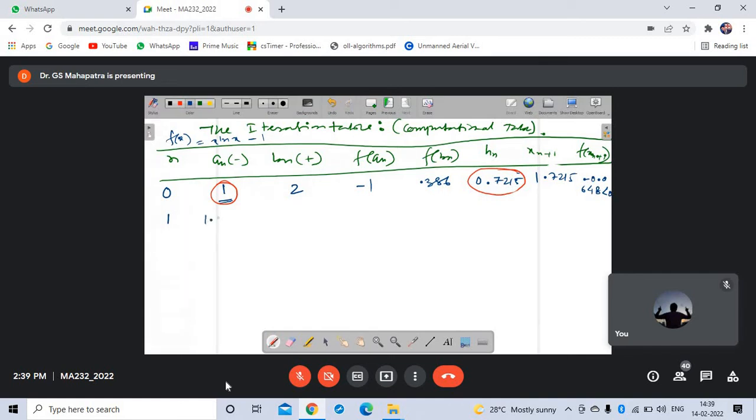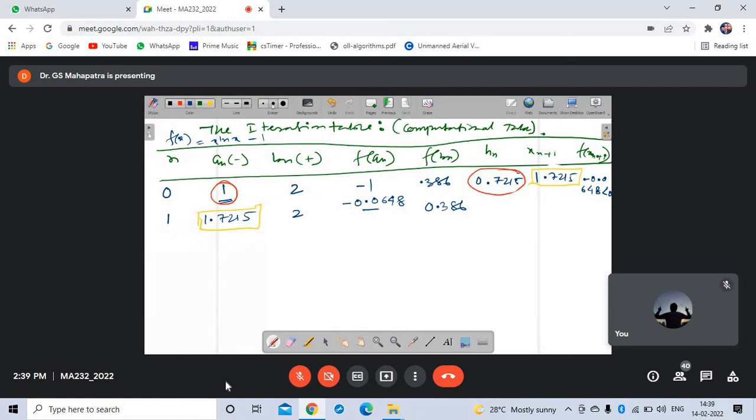That means 1.7215, I will make it a box with a different color. This one will remain unchanged, the same 2. Now this part will change, and the changed part I will write here, minus 0.0648. Already we have the answer from here.